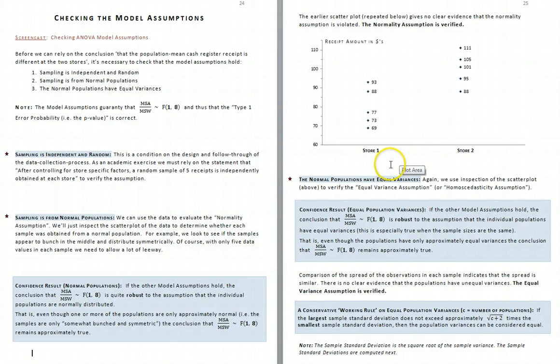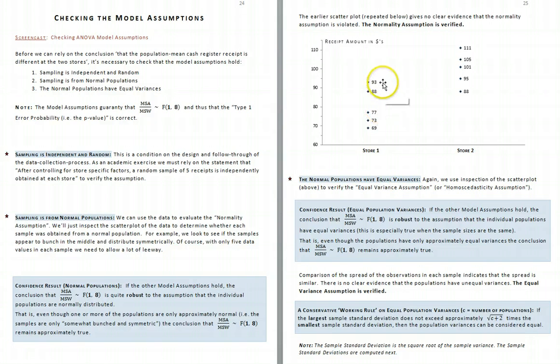The third and final model assumption we have to check is the equal variance assumption. Remember that a standard deviation is simply the square root of a variance, so to say equal variance is the same as to say equal standard deviation. Sometimes the equal variance assumption is referred to as the homoscedasticity assumption.